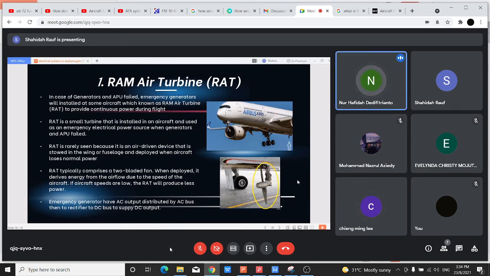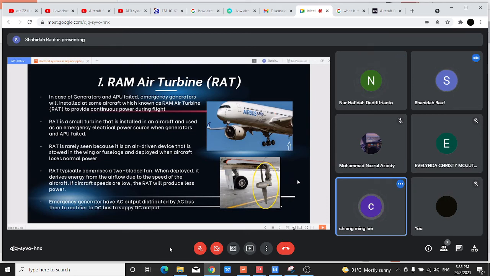So it will be used if the APU has failed, sir? It's when everything fails, all your generators fail. So this one is the last resort. Before you go to your battery, at least you have an additional source of electrical power: your ram air turbine. It's just like a windmill turbine that gives you electrical power.